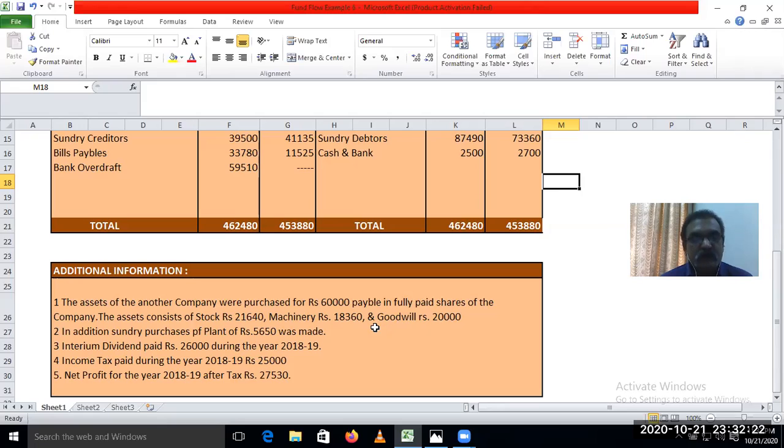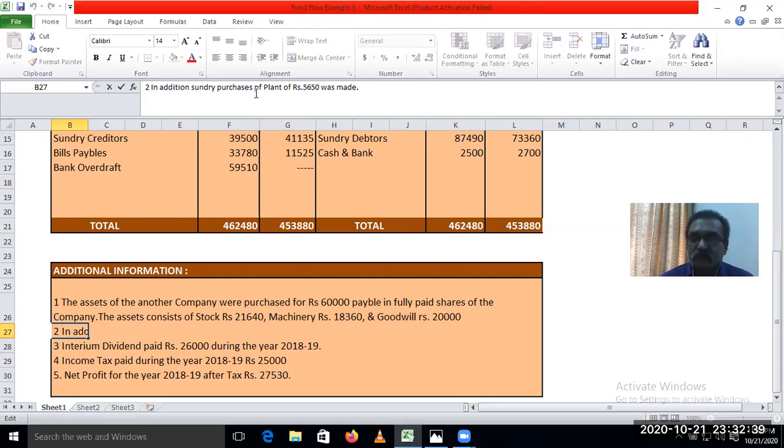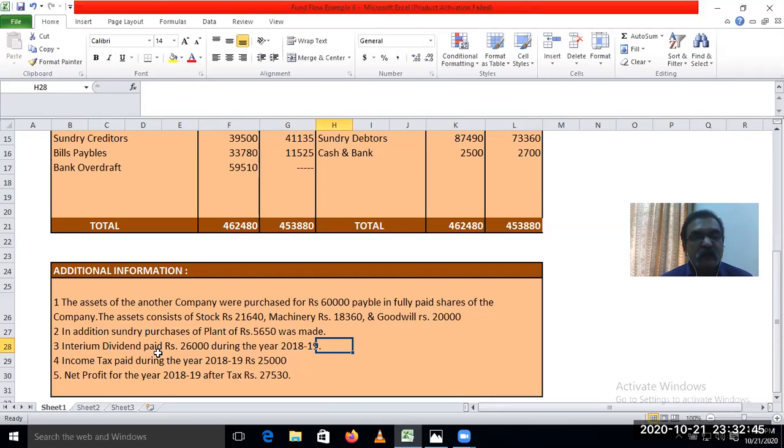I will explain this adjustment, but before that we will just check out all the adjustments. Number 2, in addition, sundry purchase of plant and machinery rupees 5,650 was made. Number 3, interim dividend paid rupees 26,000 during the year 2018-19.